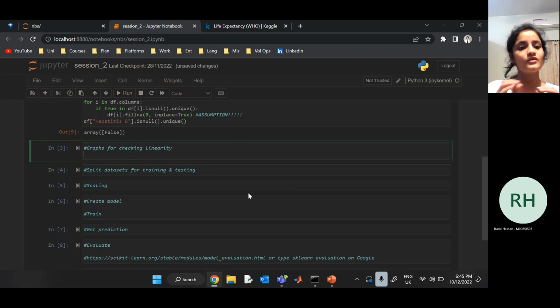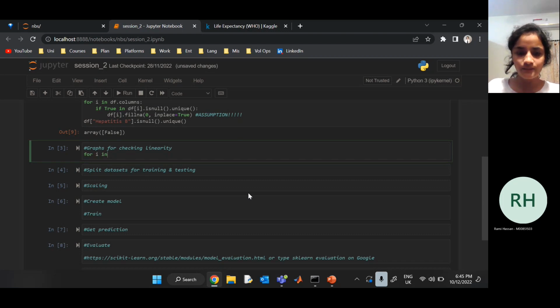What I'm going to use is matplotlib and just plot all the points, so we see whether it has that shape or not. I'm going to make each x-axis the values of each column. And I'm going to make the y-axis life expectancy because we're seeing it with respect to life expectancy. In the end, we want life expectancy as our prediction, right?